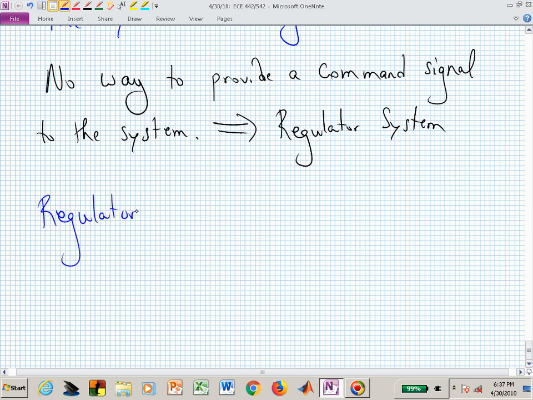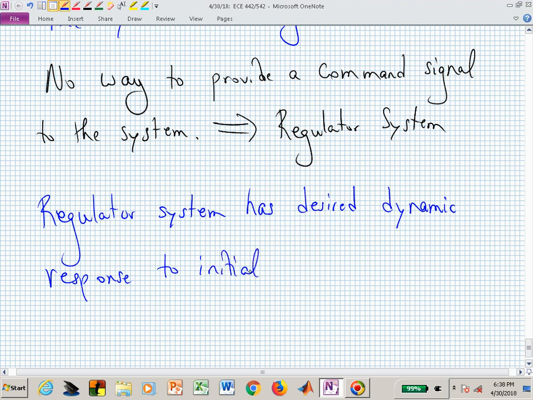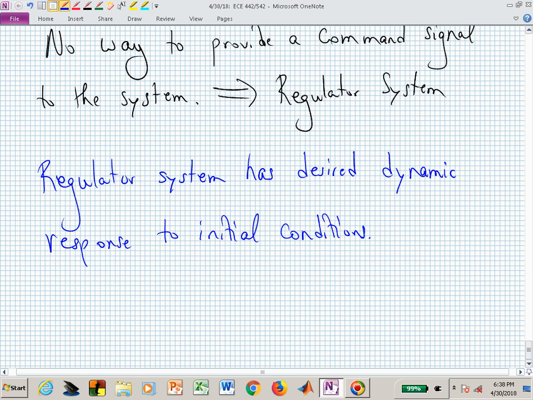So our regulator system has desired dynamic response to offsets in the state variable components or to initial conditions. So we have acceptable behavior.